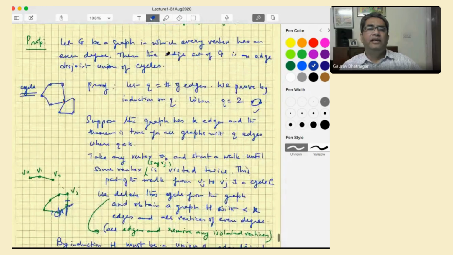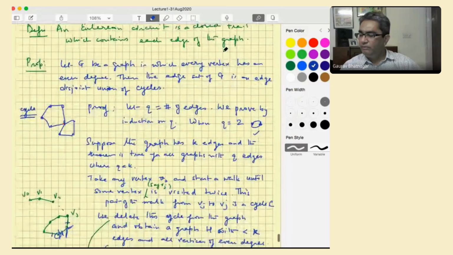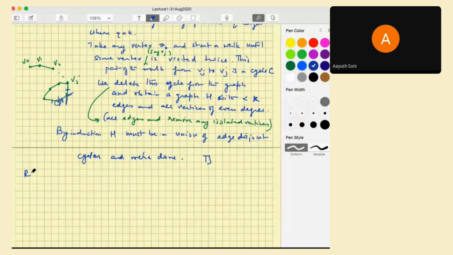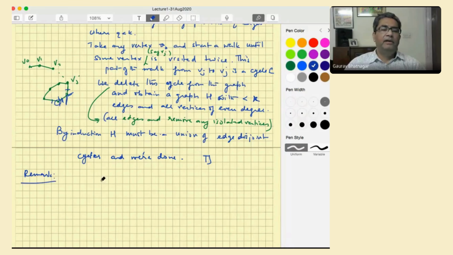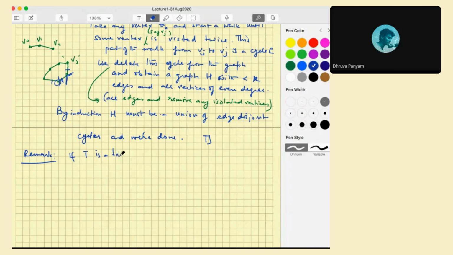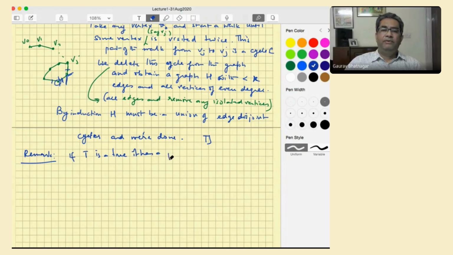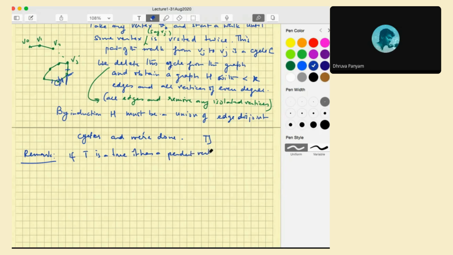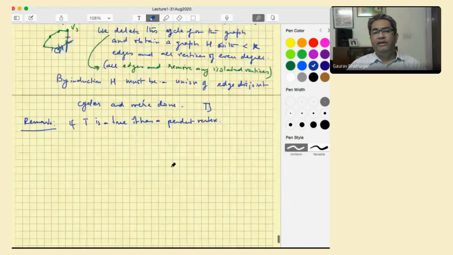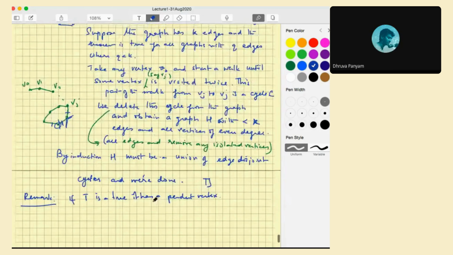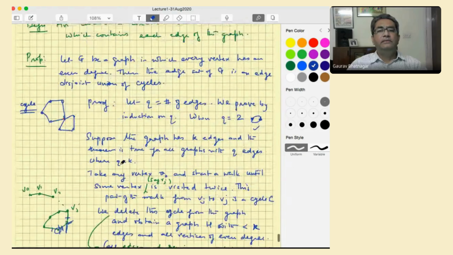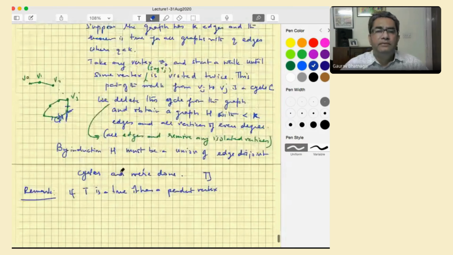Did we do this, that if T is a tree, then it has at least two leaves, pendant vertices? Yeah. So whatever we have can't be a tree. Correct. So it has to have a cycle. Okay, does that answer your question?